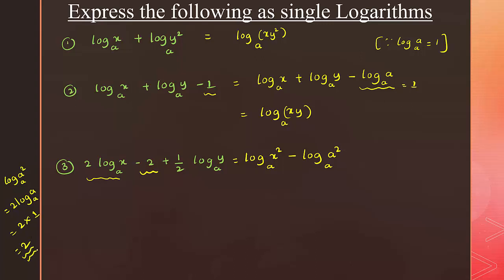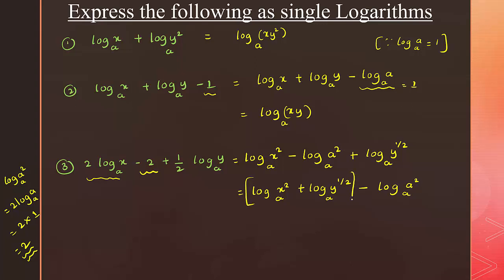That means in place of 2, I am going to write log a square to the base a plus the remaining is log y to the base a. So 1 by 2 we can take to the power. So we can apply the third rule. So log y raised to 1 by 2 to the base a. Now I am going to write log x square to the base a plus log y raised to 1 by 2 to the base a minus the remaining log a square to the base a.